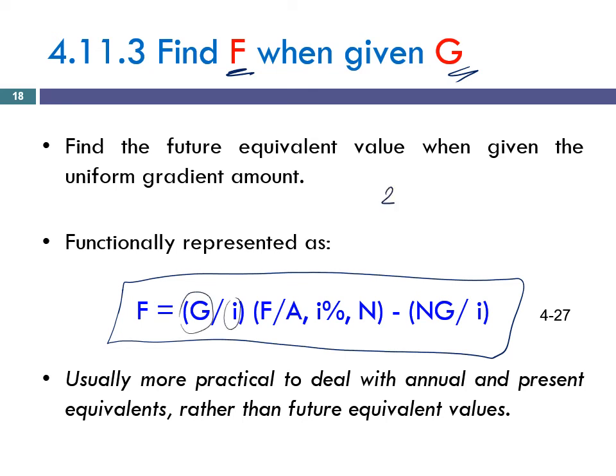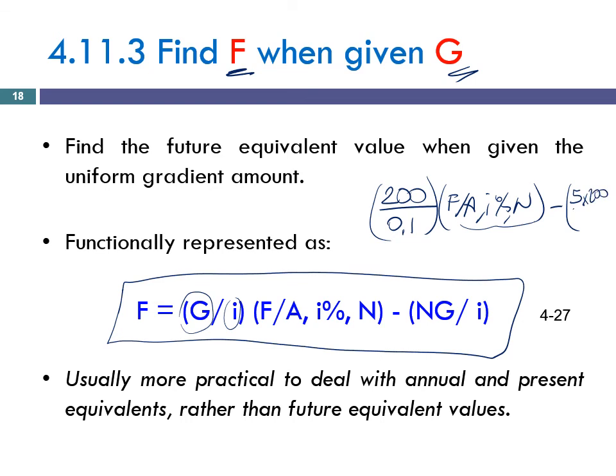For example, in the previous case, the amount of increase G was 200, and we divide this by the interest rate, which was 10%, and then with this one we multiply this factor, F given A, I percent and N. We know this factor and we know the formula for this factor as well, and from this one we subtract N, which was 5 in the previous example, times G, which was 200, divided by the interest rate. So this is a formula that you can use, but you don't need to use this formula.